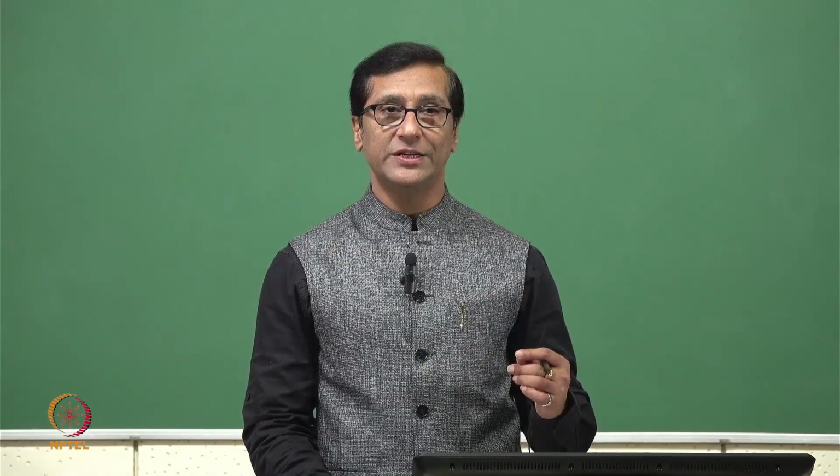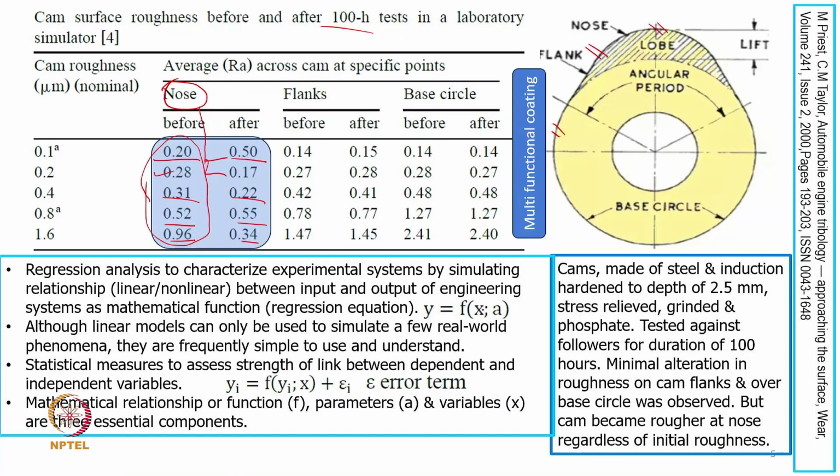That's why we require experiments to be performed, and based on the experiments we get data, and that data should be analyzed with our experiential learning and theoretical findings. And that's why we really require some sort of regression analysis whenever we do experiments: do noise removal, and then use some sort of regression analysis, maybe using some equation.